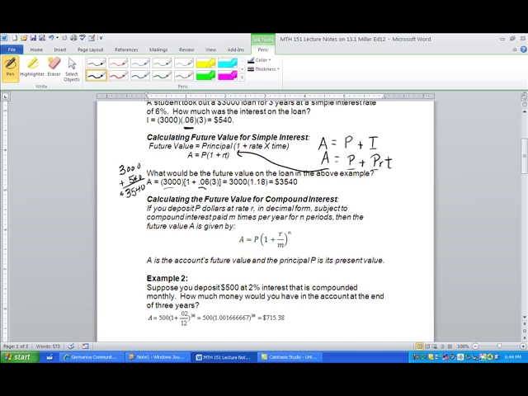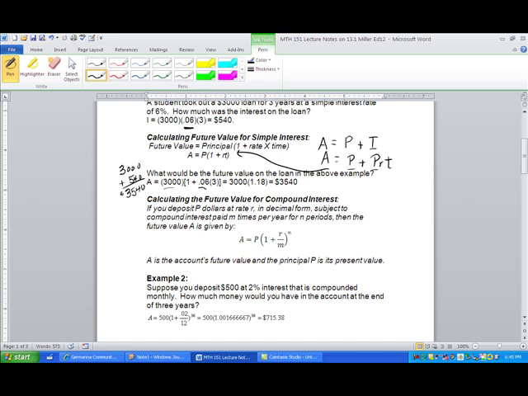So simple interest, we're talking about the interest being paid at the end of the loan in most cases. Okay, so you pay back the principal plus the interest at that time. Now, calculating the future value when we have compound interest.